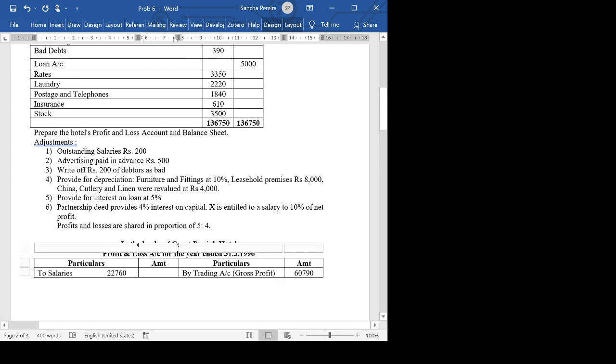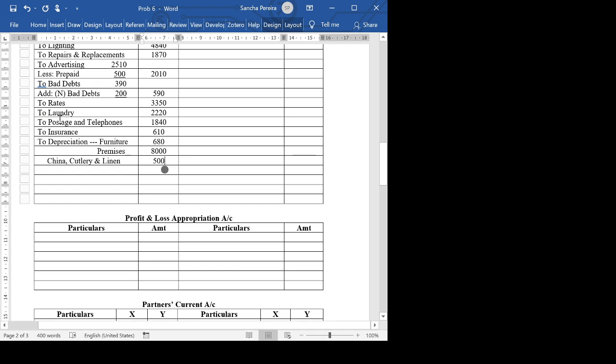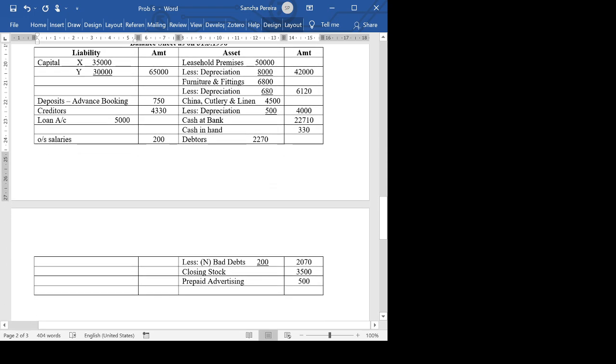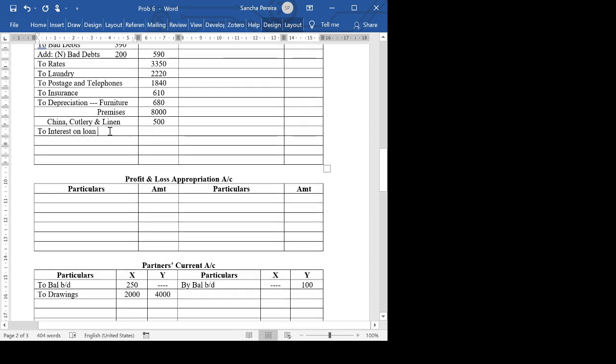Then we have provide for interest on loan at 5%. So interest on loan, 5% of 5,000. 5% of 5,000 will be 5 5s are 25, so 250. I can just write it here. 5,000 into 5% comes to 250.